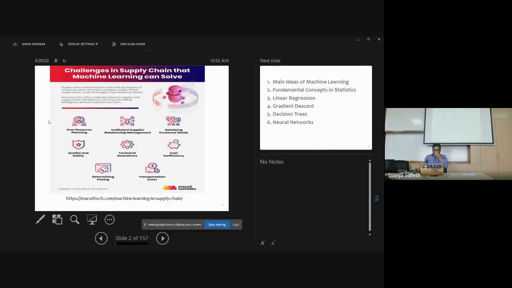Okay, so not only specific to supply chain, wherever there is data, there is a huge chance of analytics and extracting the information out of data. So any area like business to business analytics, supply chain management, marketing, retail.